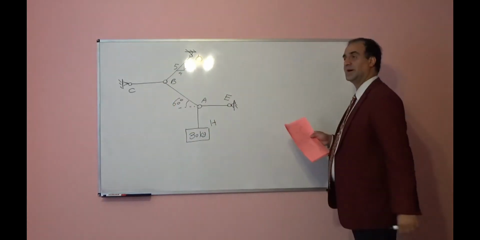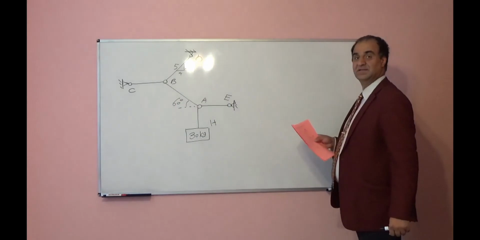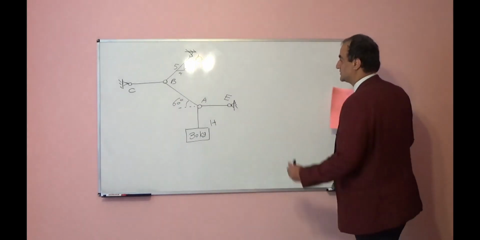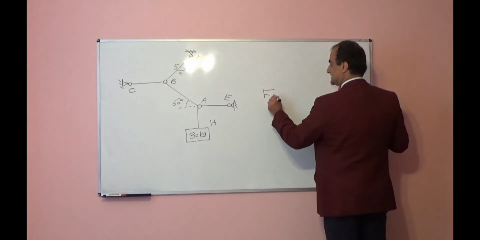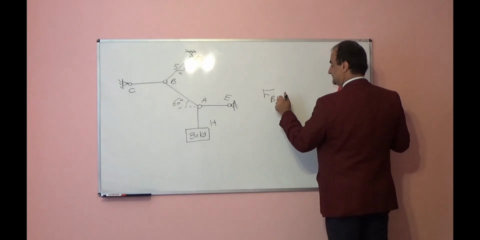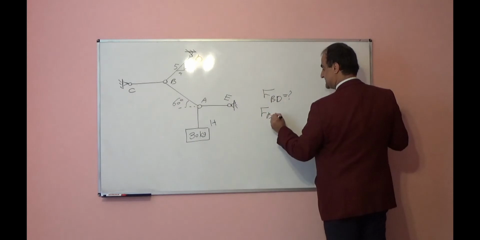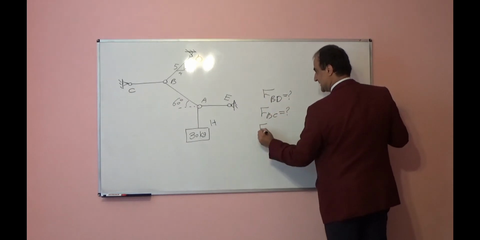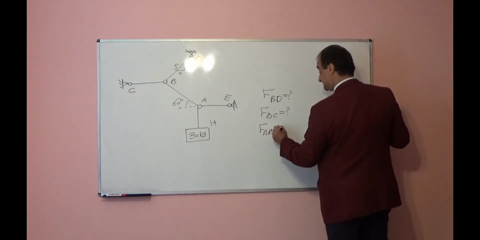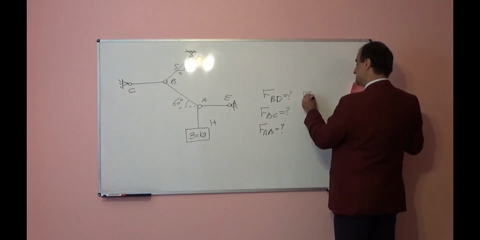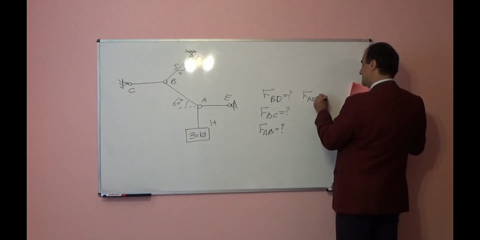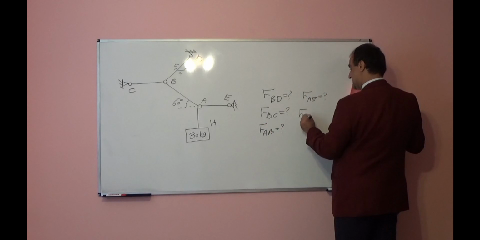We want to find the internal force in each rope or cable, so we want to know what is F_BD, what is F_BC, what is F_AB, what is force AE, what is force AH.